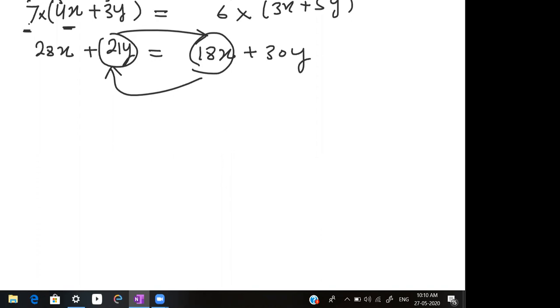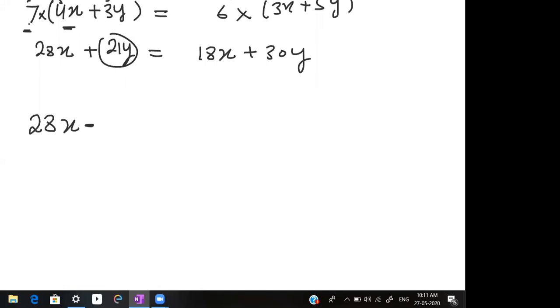Okay, so you will write 28x as it is, and when you will transfer this 18x this side, this 18x will become minus, because when we transfer any term across equal, then we have to change the sign of the term. 18x here is positive.